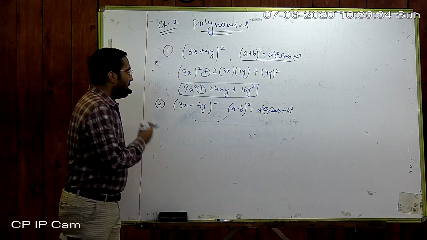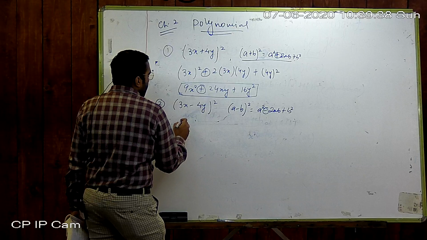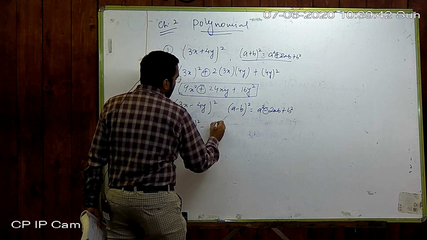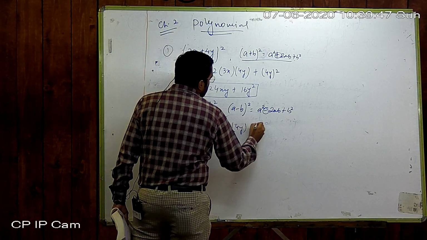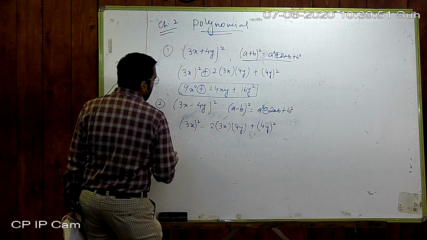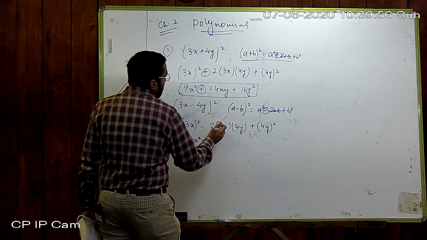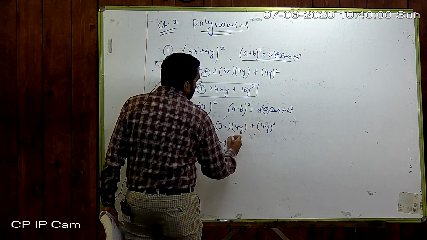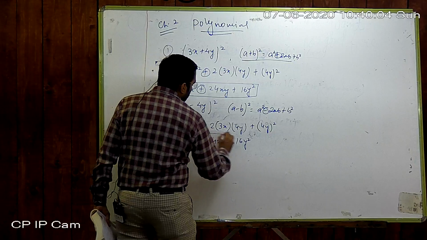Okay, so let's start. As per the formula, first term square means a square minus 2 into a into b plus b square. So my answer is 3 square is 9x square minus 2 into 3 into 4, that is 24xy, and plus 4 square is 16y square.